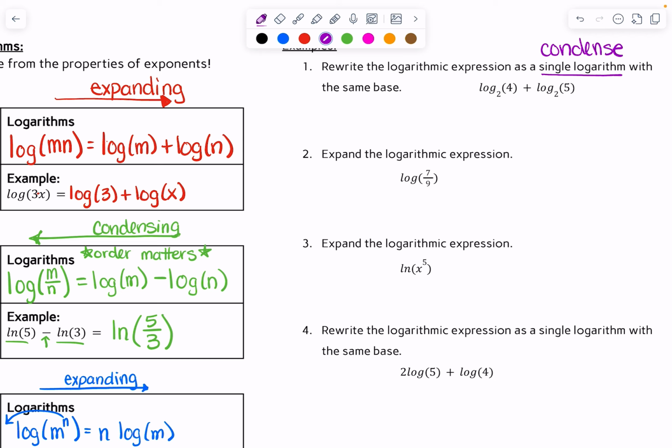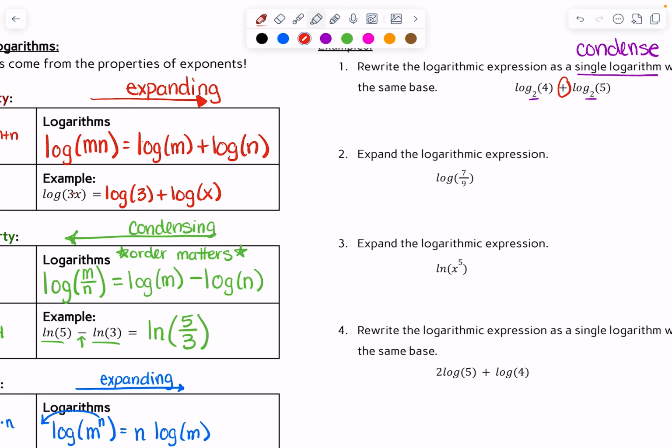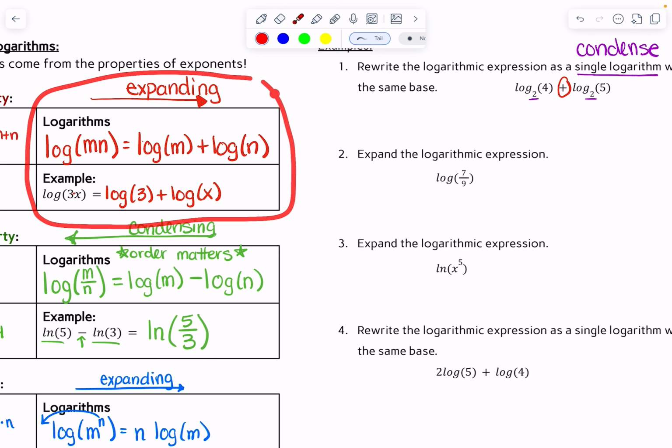So I'm going to check here first that we have the same base. We do. We have 2 and 2. I'm noticing here that we are adding these two logarithms, and my logarithmic property with addition is our product property.